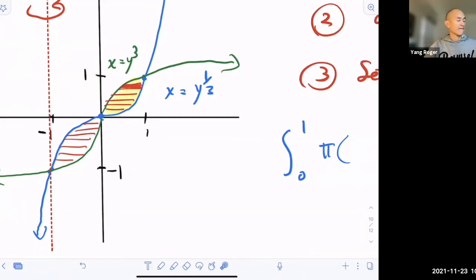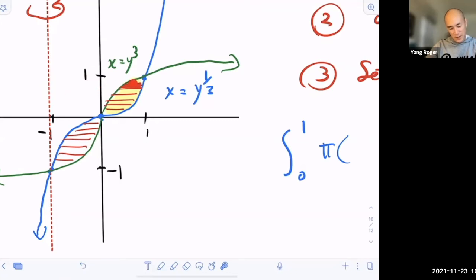Any thoughts? A student just answered me privately. I think you just found r small. I'm looking for r big here.